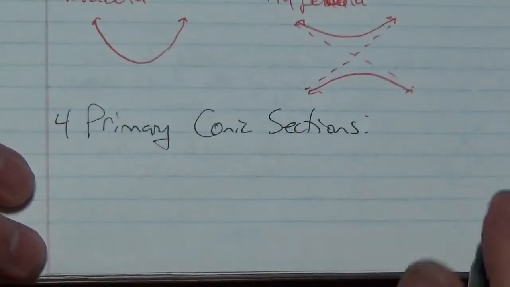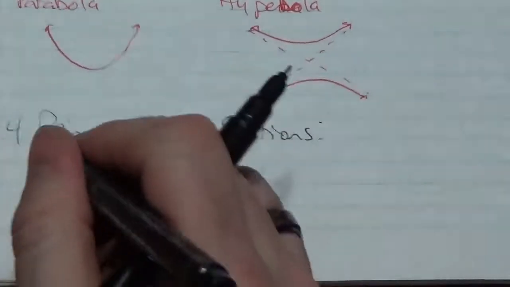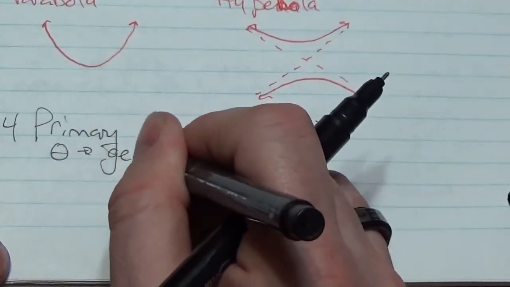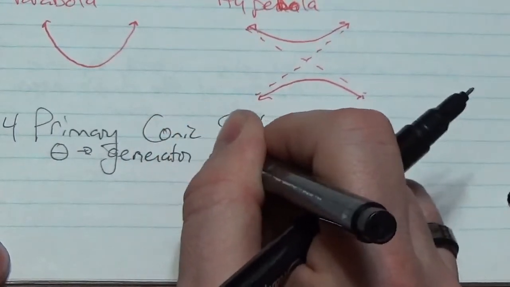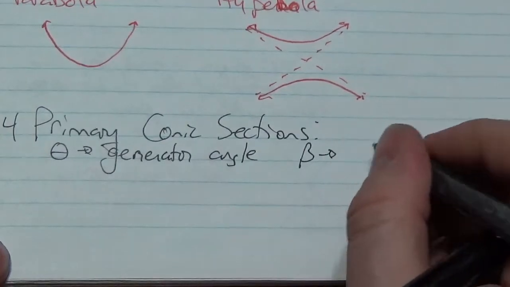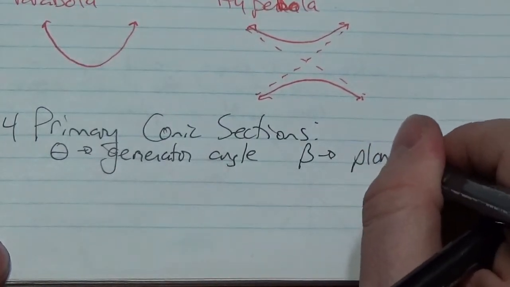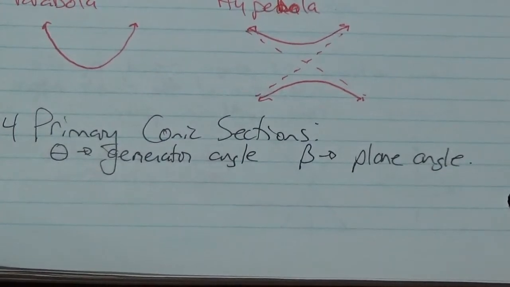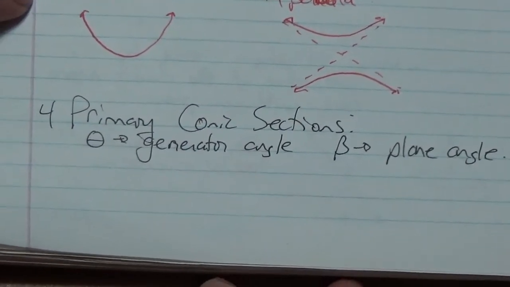Okay, so just to review here, we're going to let theta be the generator angle, and we're going to let beta be the plane angle. Both of these are measured with respect to our axis of symmetry.